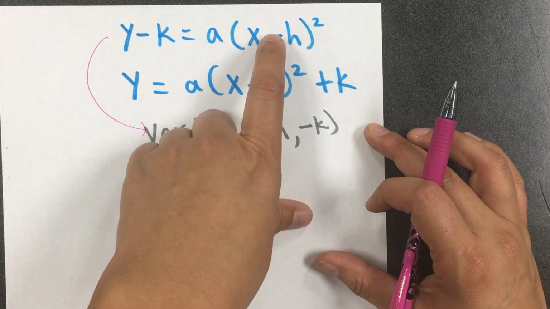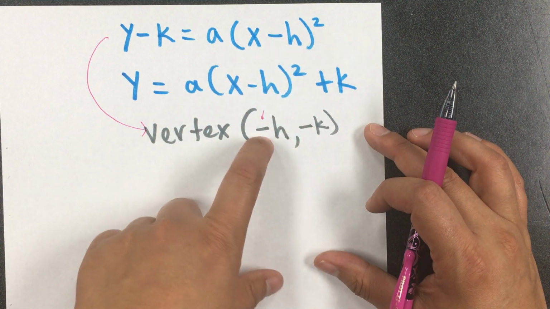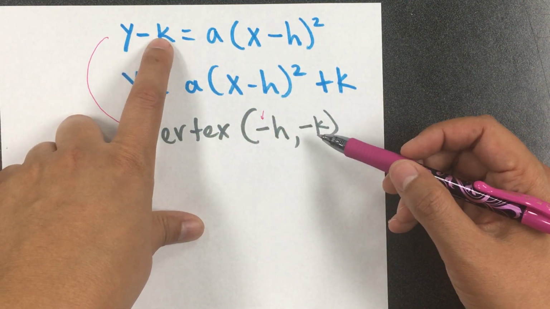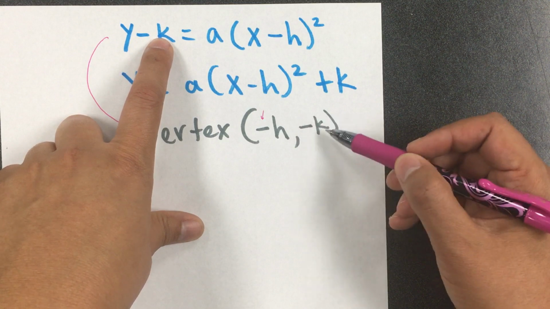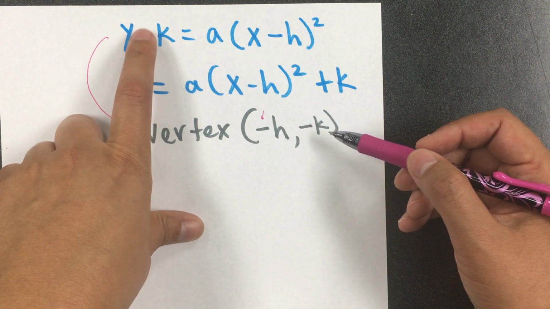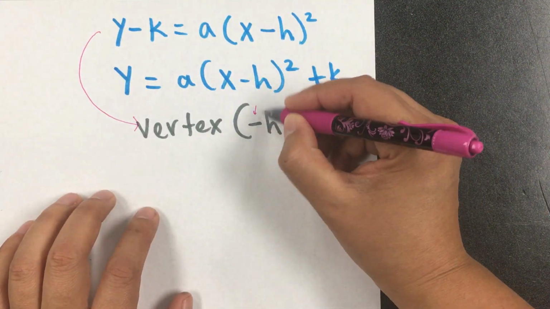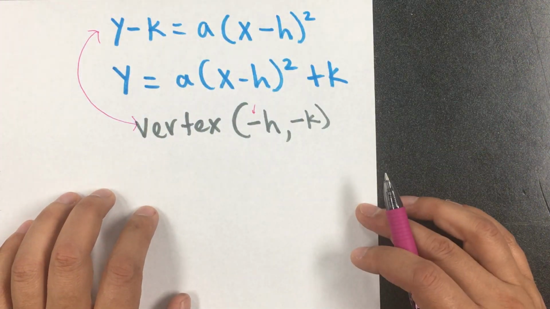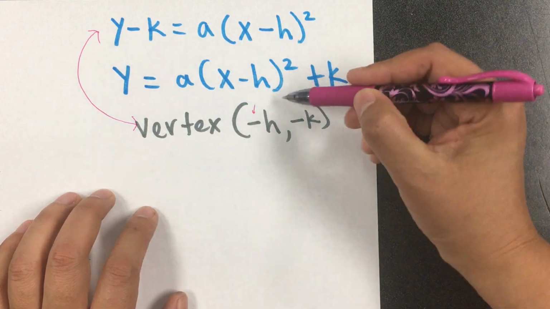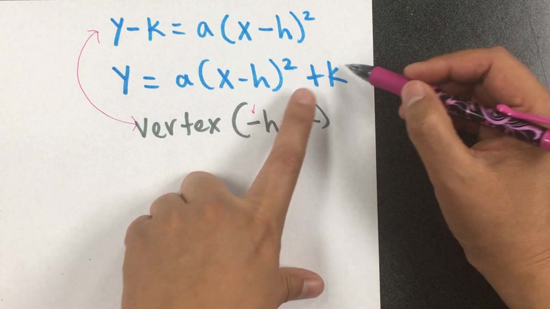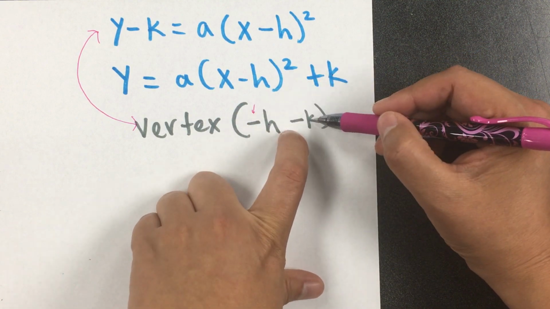If it's -3, you're going to put +3. In here, if you have -2, in here it will be +2. If you have +5, you have -5. So basically just change the sign if it comes from the original. If it comes from this one, you change it for h, but then you keep the sign of this one.